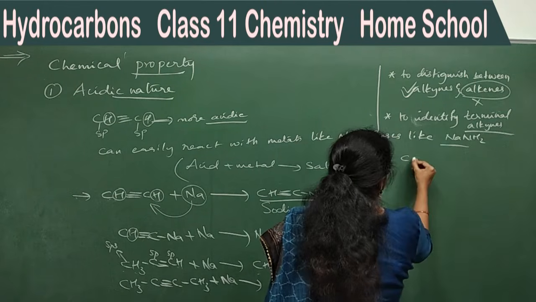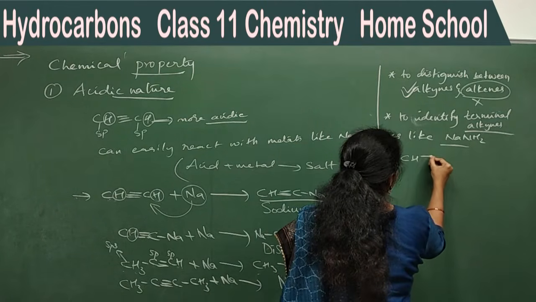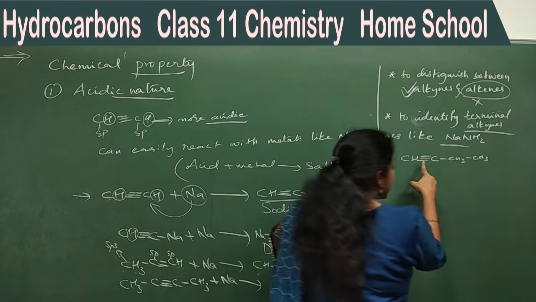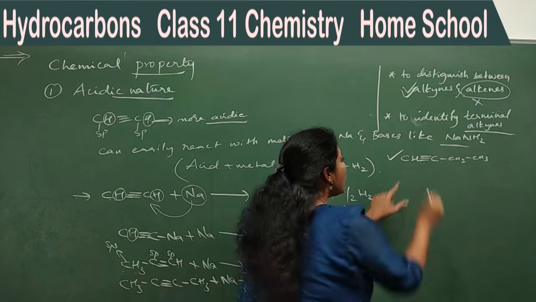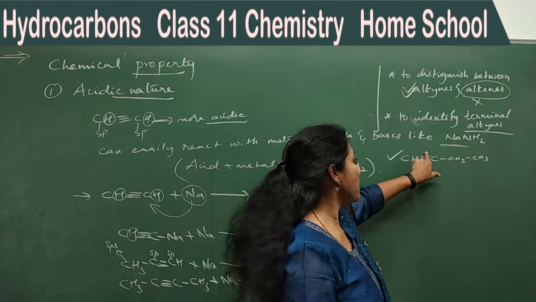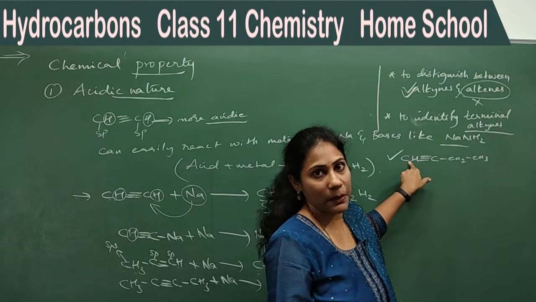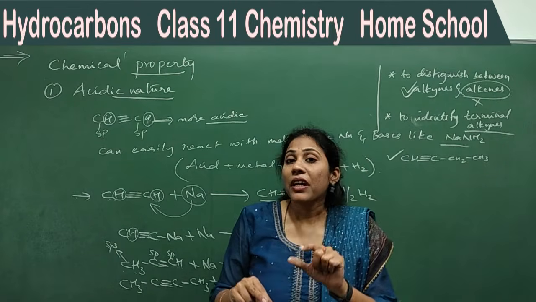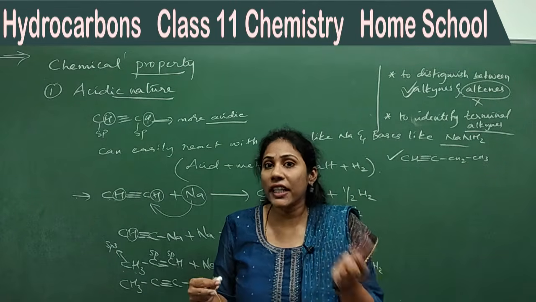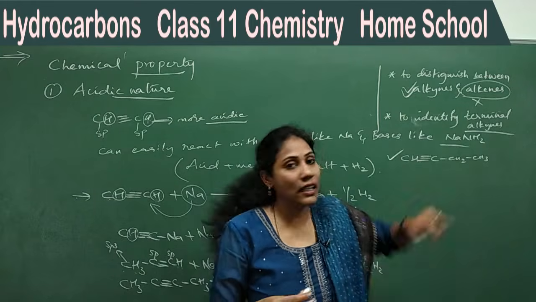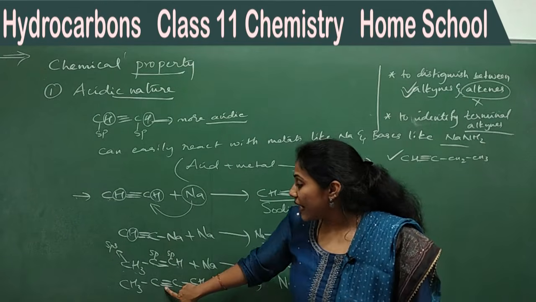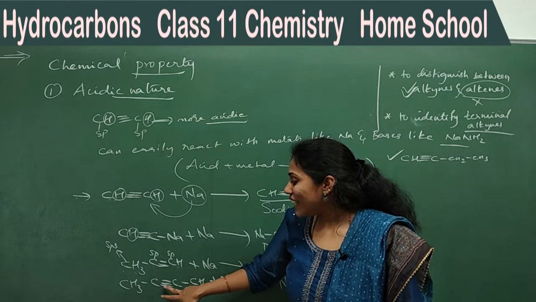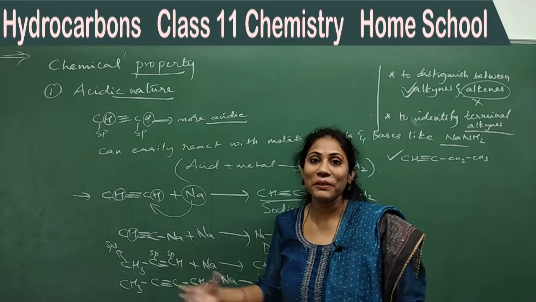Whereas if I have something like this, CH≡C-CH2-CH3. What is this? 1-butyne. This I can call a terminal alkyne because the triple bond is at the first carbon, right? So hope you are clear with the difference between terminal alkyne and non-terminal alkyne. This is a terminal alkyne, whereas 2-butyne, where you don't have any acidic hydrogens, is a non-terminal alkyne.